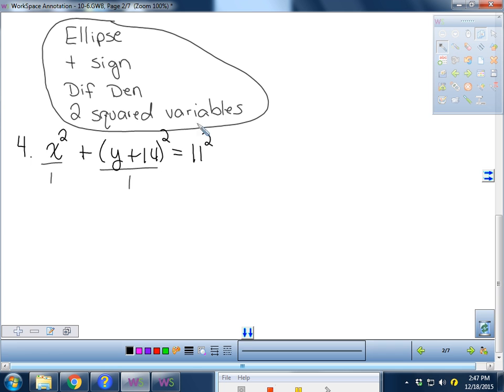It's also not equal to 1. So, therefore, that makes this a circle. And my justification would be, you can either say no denominator or same denominator. There's a plus sign. And I have two squared variables.